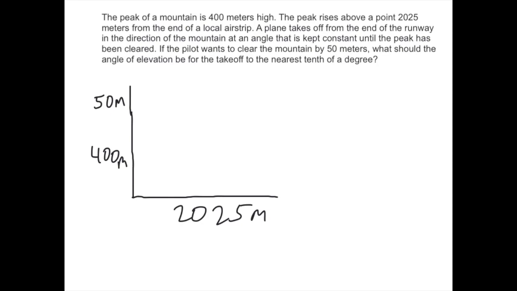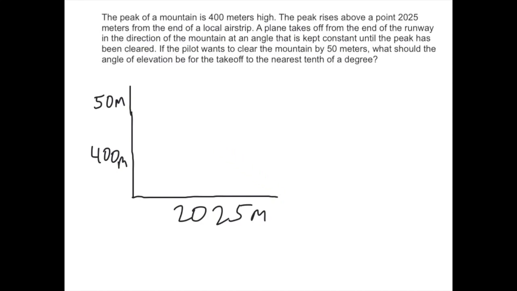So, what should the angle of elevation be for the takeoff to the nearest tenth of a degree? So the key word here is angle of elevation, or key phrase. So the angle of elevation is the angle from something going up in a diagonal pattern, and they want to know what that angle is.